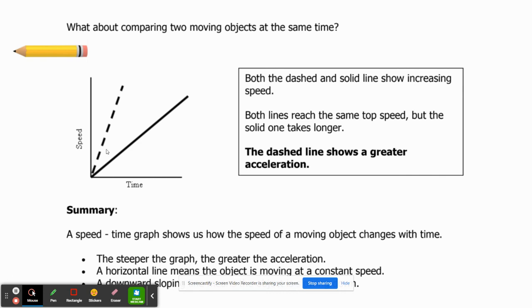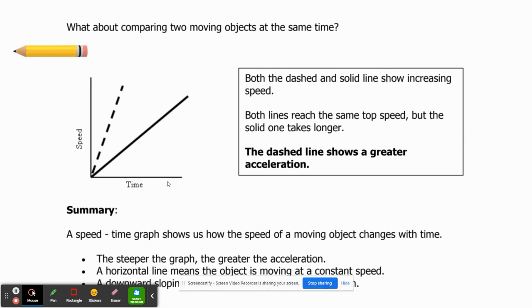It had a greater acceleration, okay? So this is probably Derek in his Ferrari, and he's going 0 to 100 in 10 seconds. This is Miss Buck over here in her handy little CRV. I don't even know if my CRV will go to 100, but I got there. I got to the same speed. It just took me a lot longer, okay?